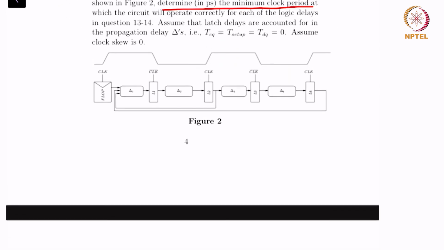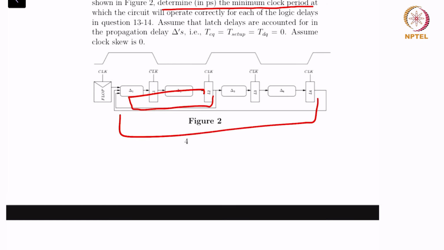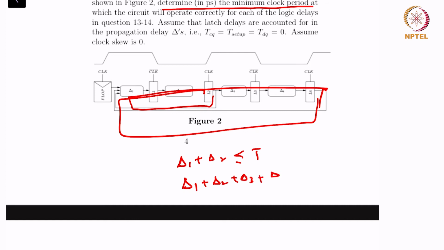In a latch based system, since there exist two loops in this circuit, all that we need to ensure is that the total delay delta 1 plus delta 2 is less than or equal to T, and delta 1 plus delta 2 plus delta 3 plus delta 4 does not exceed 2T.